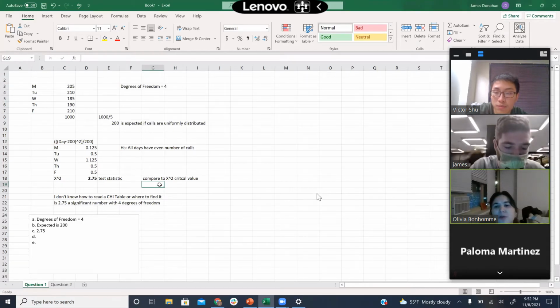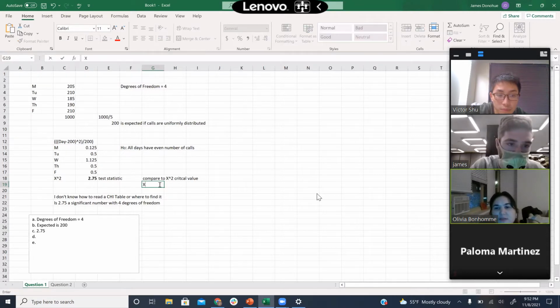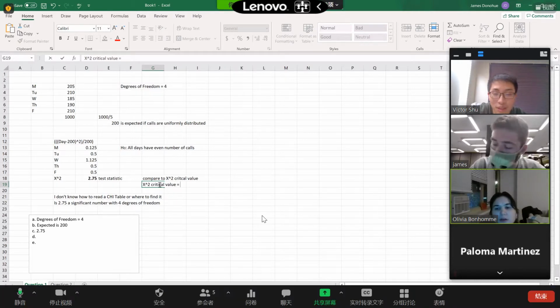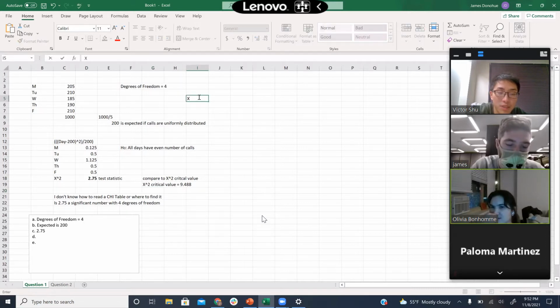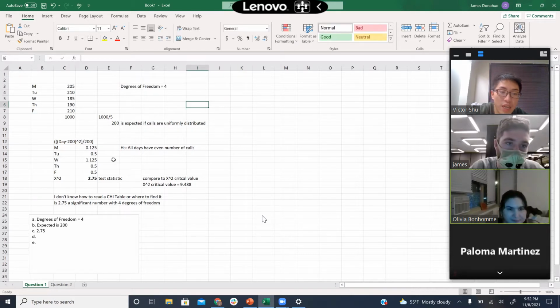So how do you know it's a chi-square in this case? Because the problem asks you to use a chi-square, and a chi-square is a test of independence. There are two hypotheses. First, each day is independent, meaning the phone calls during each day are expected to be the same.